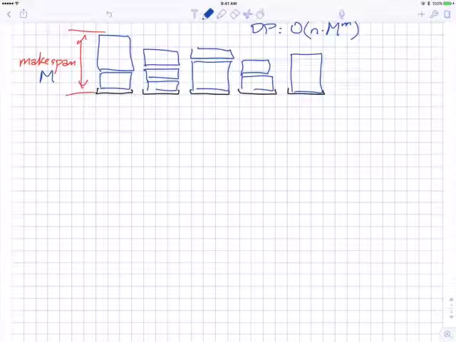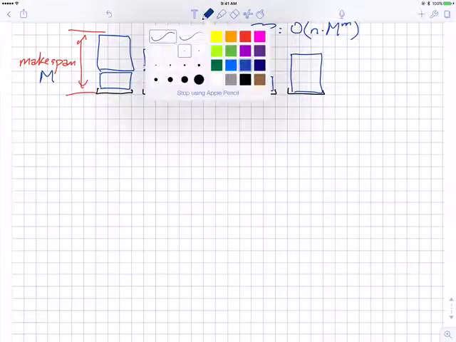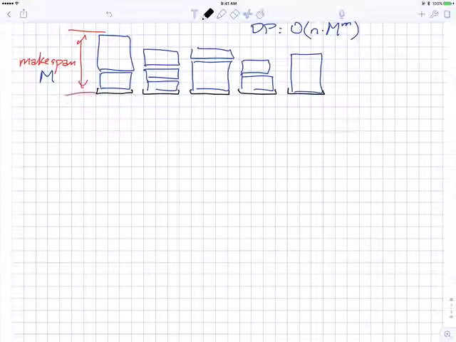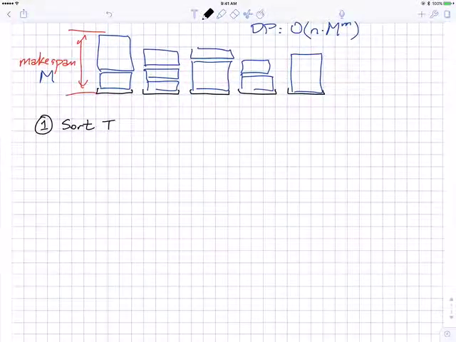Yeah. Schedule the big ones first, and each one you schedule goes in the bin with the fewest things in it. Okay, so the suggestion is to do two things. The first thing I'm going to do is sort the jobs, which really means sort the running times, in decreasing order.